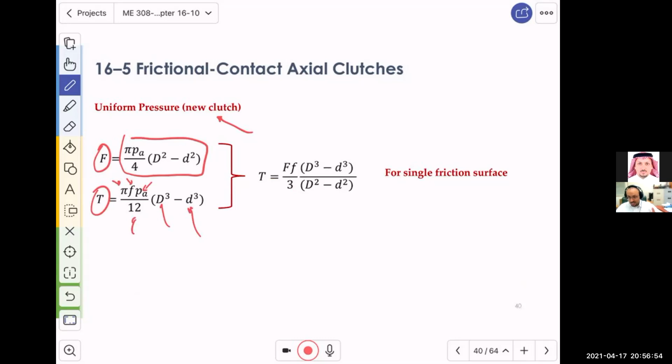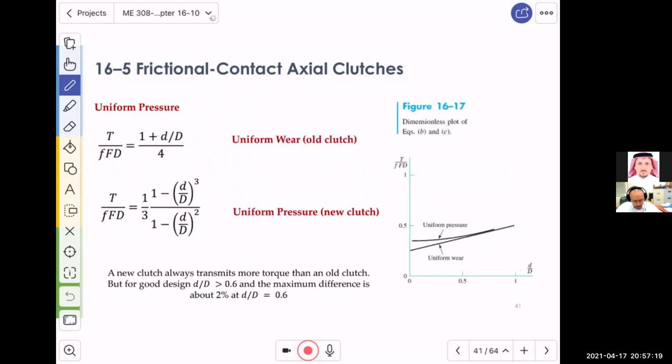Again, if you combine these together to find an expression for the torque as a function of the force, you will end up with this equation. This equation has the same story as the previous one. It is only applicable for a single friction surface. If you have multiple surfaces, you need to multiply by the number of those surfaces. You understand?